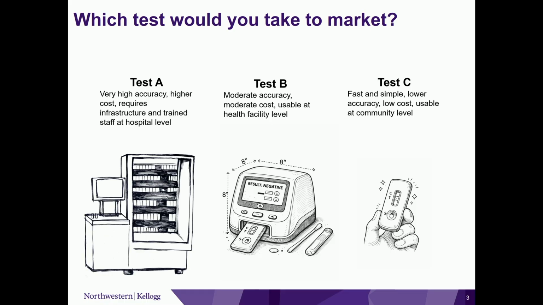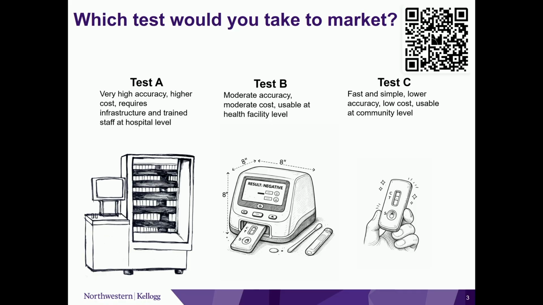It's fast and simple. It has a little bit lower accuracy than test A and B, but it's easy to use, it's low cost, at least, and it can be used at the community level. So you have the option to launch one of these products, test A, test B, or test C.